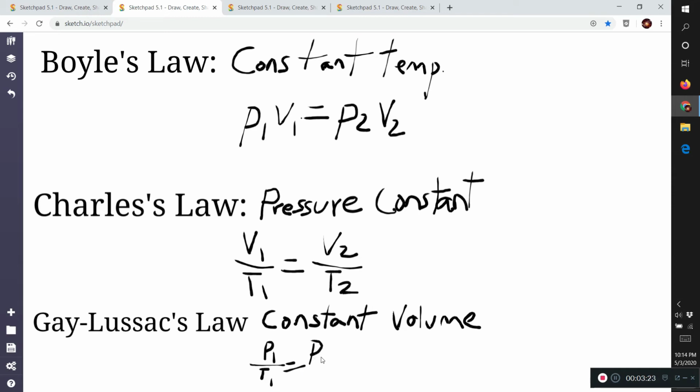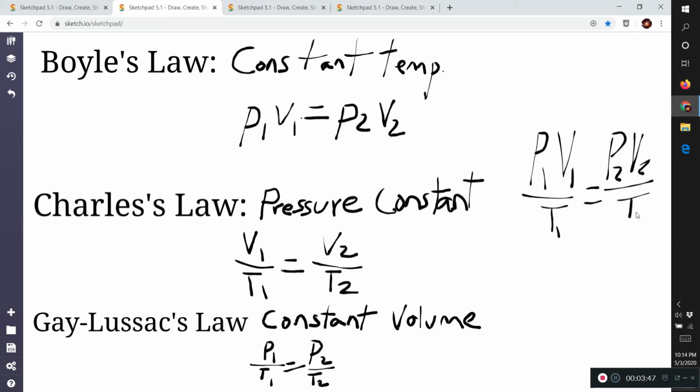And if we look at this, we're not going to mess around with all these different formulas. We're just going to use the combined one, which is P1V1 over T1 equals P2V2 over T2. This is the formula I just gave last slide.